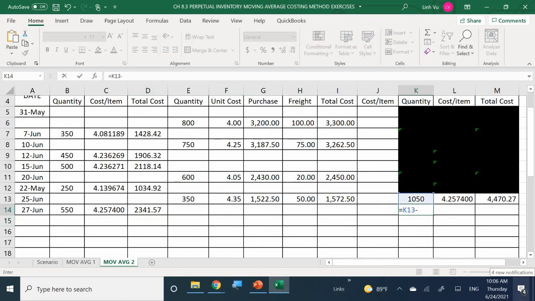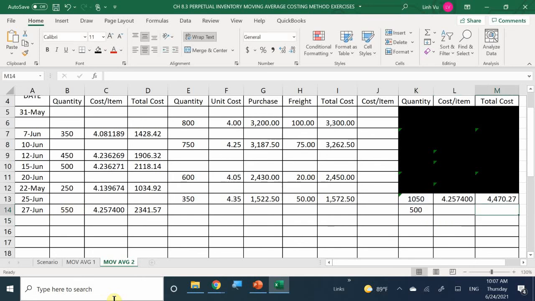So in this case, if I had 1050 and I sold 550, how much should I have left? 500. Good. Which is exactly what we should have ended in our inventory with.